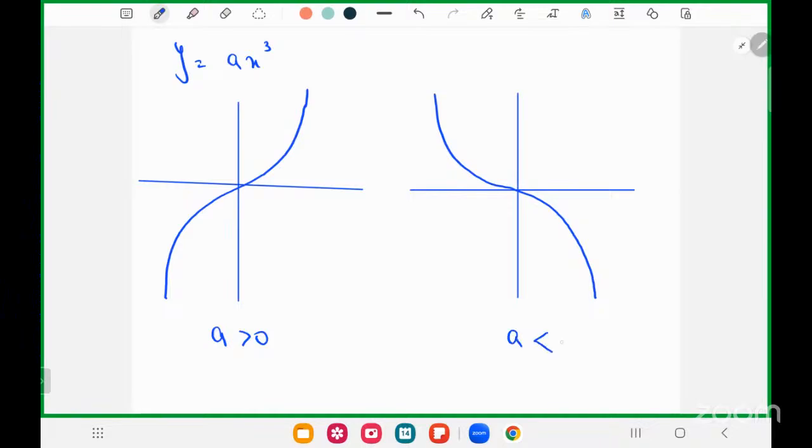And if a is less than 0, the shape will be something like this.